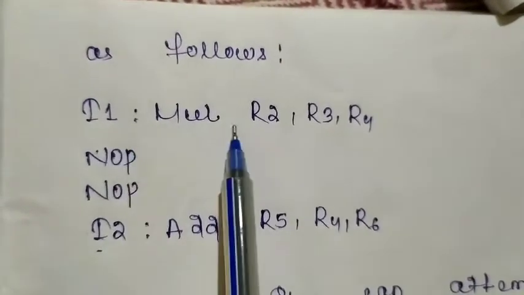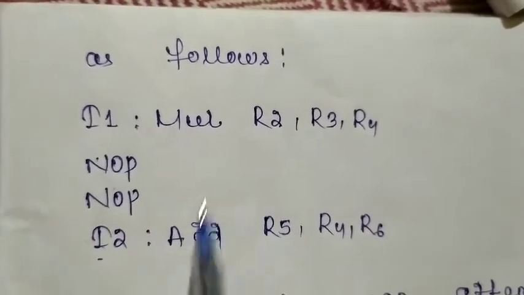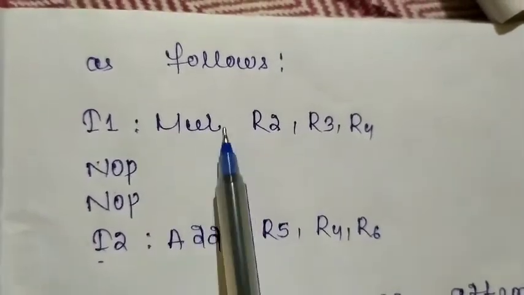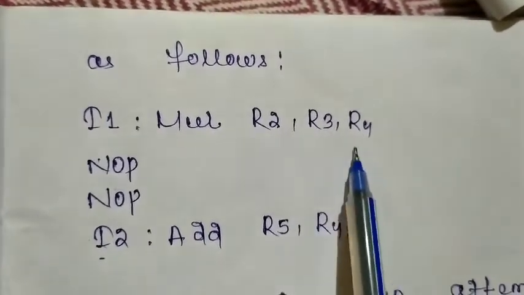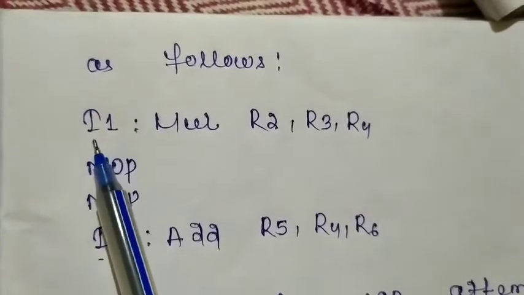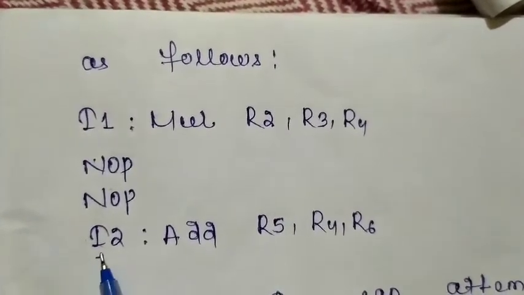In the previous figure, R4 is the resultant operand of I1, and it is one source operand for I2.